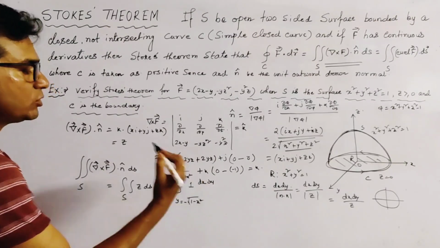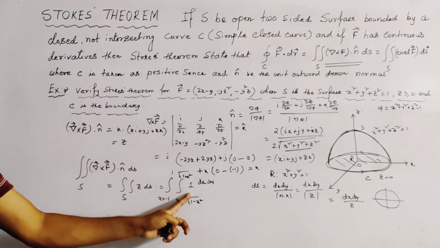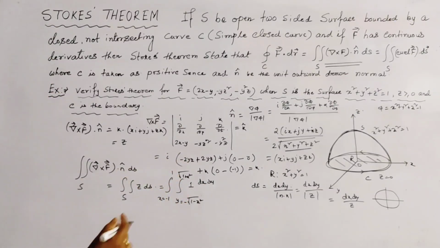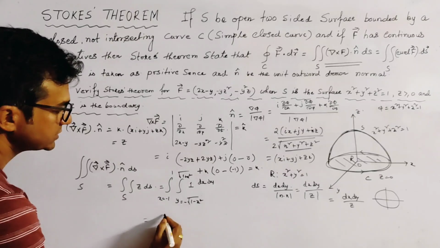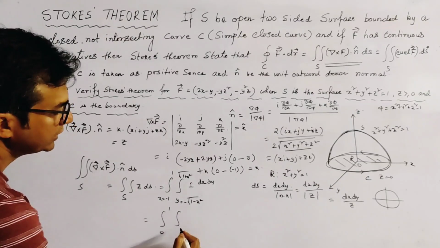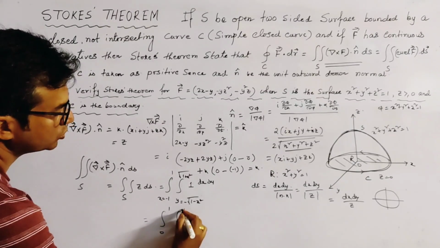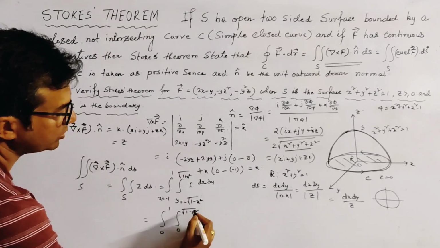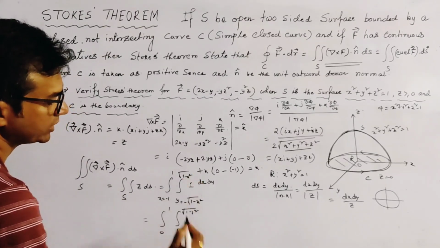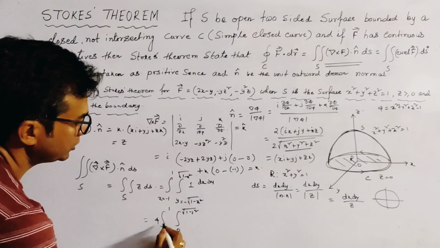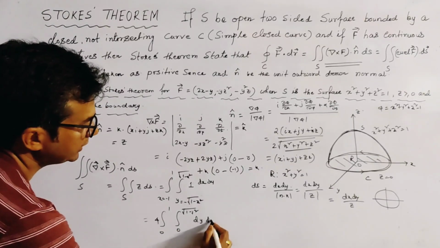So the integrand is only 1, so this is an even function, and we write the integration as 4 into integration 0 to 1, integration 0 to root 1 minus x square, dy dx.